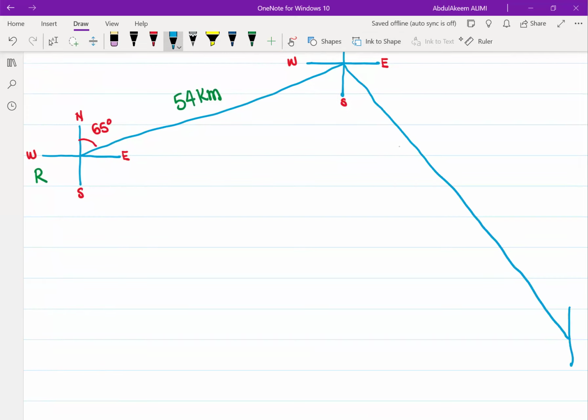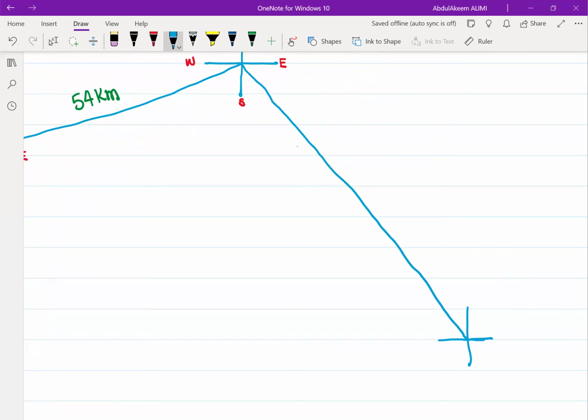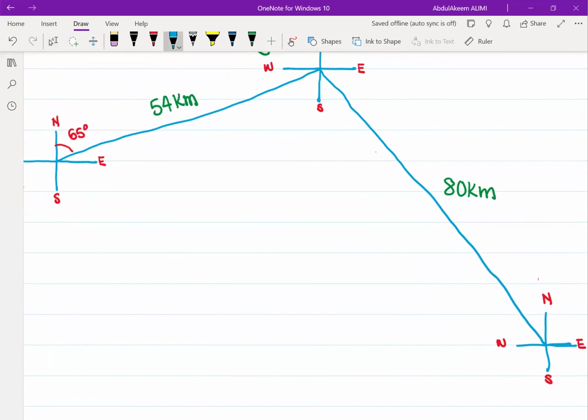I have north, south, west, and east. This one here is Port Q, and this is 80 kilometers. The next thing I'm going to do is join R and Q together.